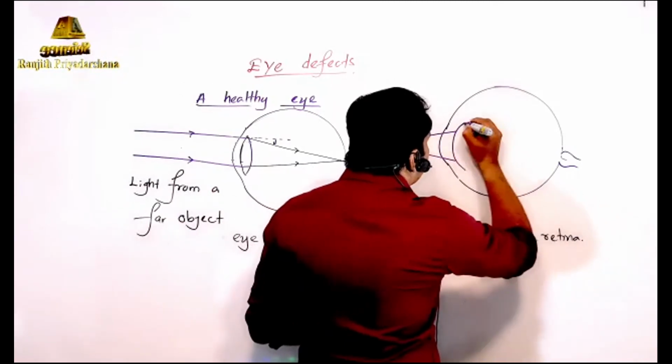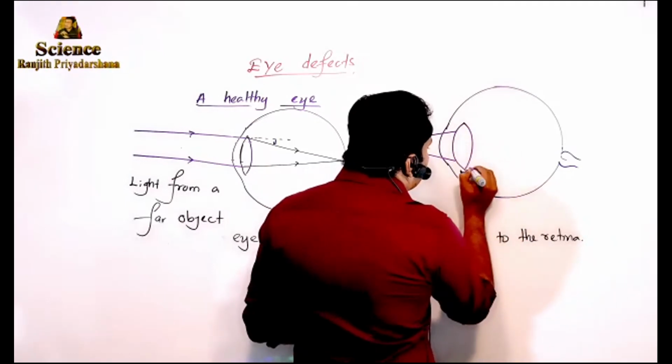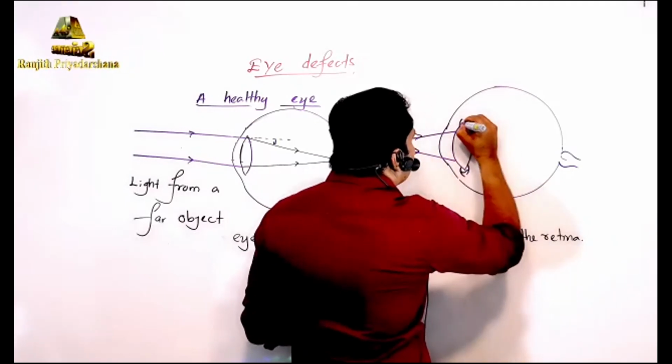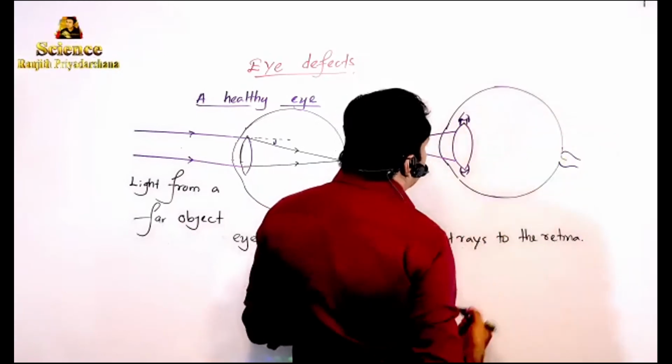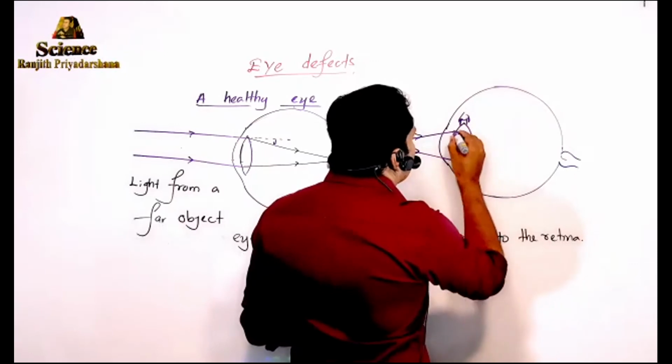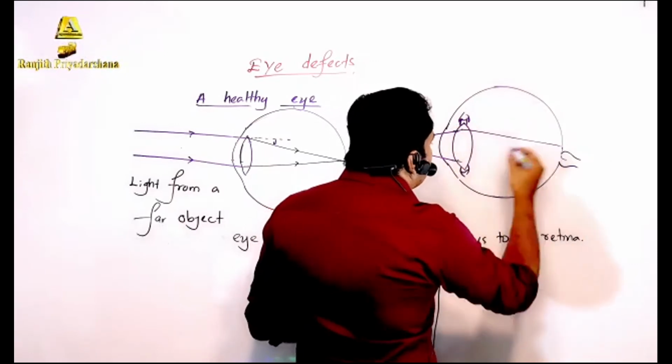Now ciliary muscles in action. Ciliary muscles can increase the curvature of this. Then its curvature is increased. As a result of this high curvature lens, it can focus it again to the retina.